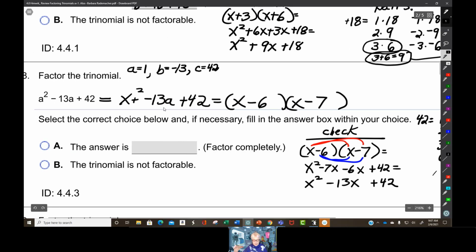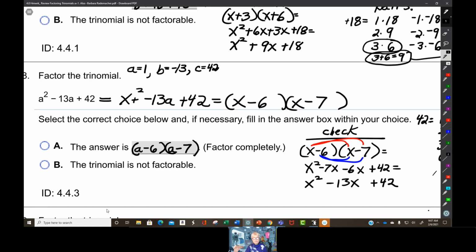And that's what I started with right here. And I would like to write the answer like that, but no. Instead, I'm going to be writing it as boom, boom, boom, boom. A minus 6 times A minus 7.